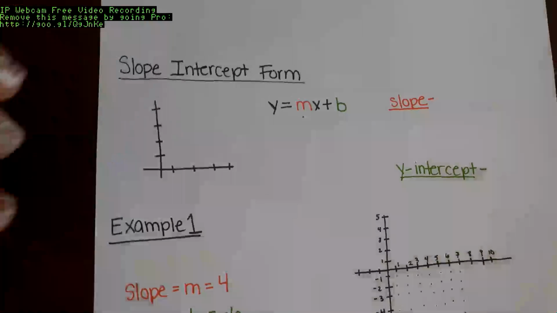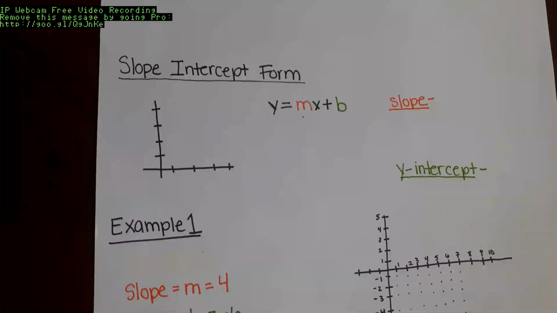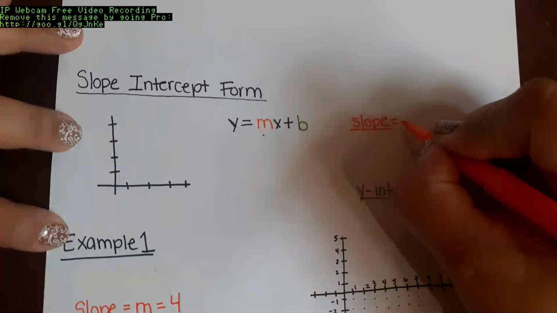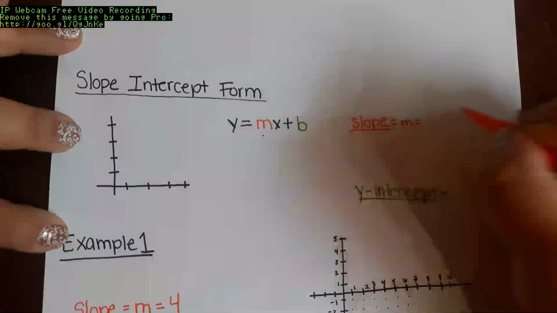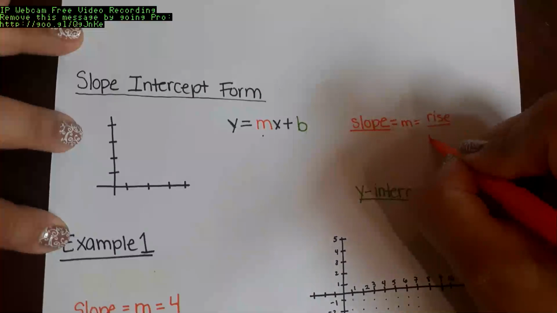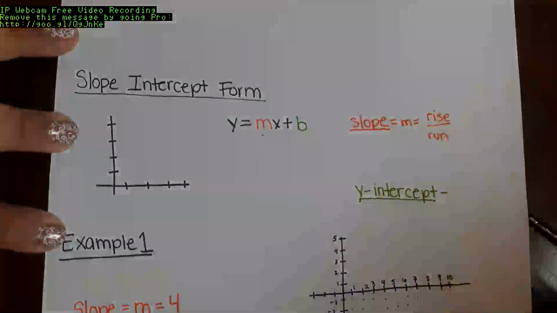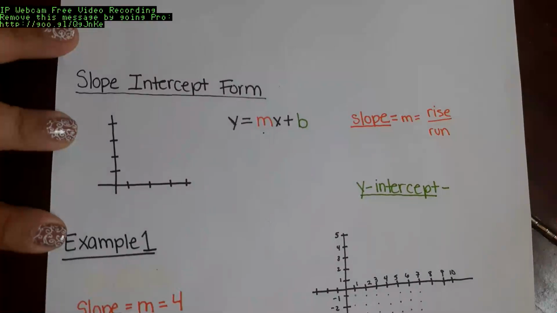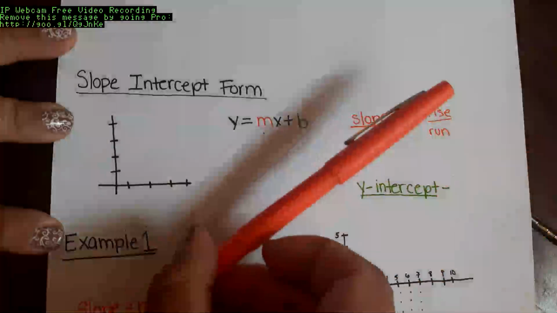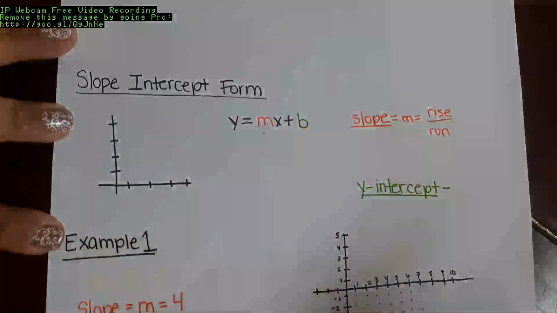So what exactly is a slope? Well, as you guys have seen in the morning, it's also known as our m, and it's going to be our rise over our run. So that's what our slope is. The slope tells us the steepness of a line.